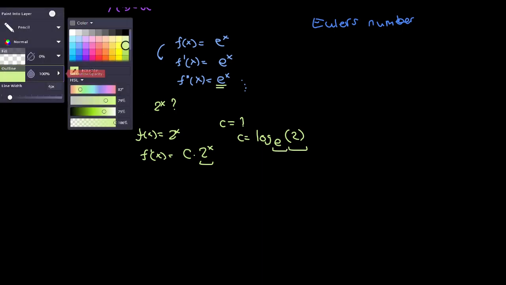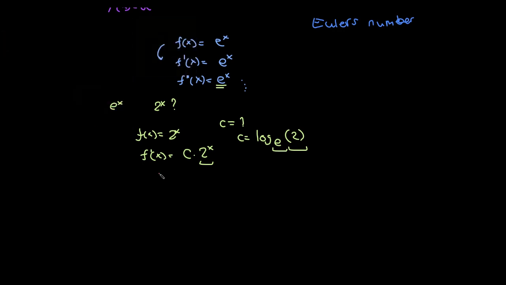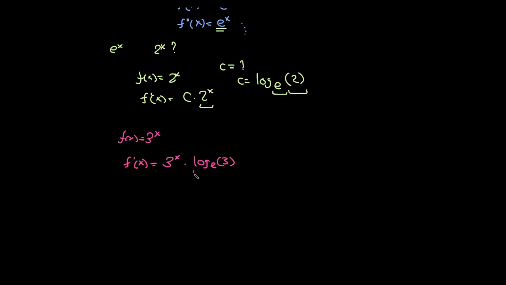So let's do another example to make it clear. If you have a function, for example, 3 to the x, and you want to differentiate this, then you just copy 3 to the x, that remains the same, but you have to multiply by log base e of 3, like that. And again, this logarithm is so important that it also has a special notation.